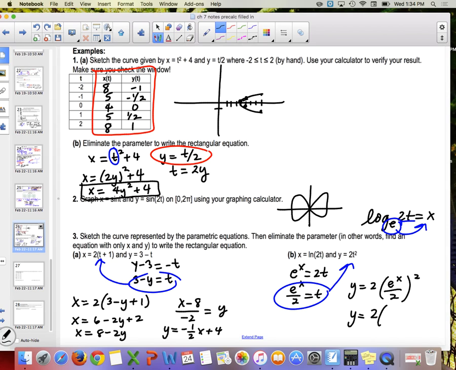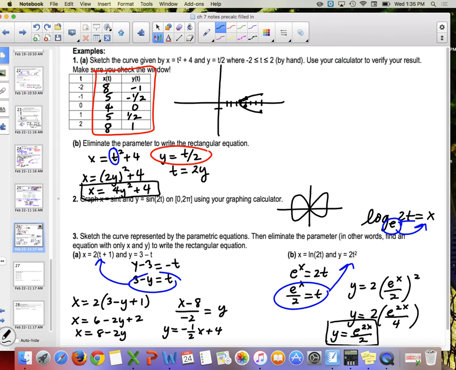Is it going to be e to the x squared, e to the 2x? What am I going to have? It's going to be e to the 2x. Remember, multiply your powers over 4. So your final answer then would be y equals e to the 2x all over 2. That's our answer.